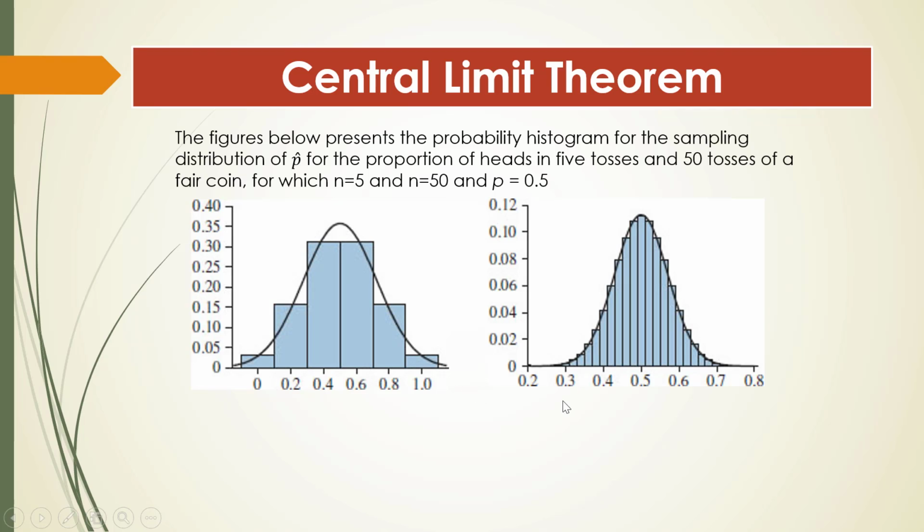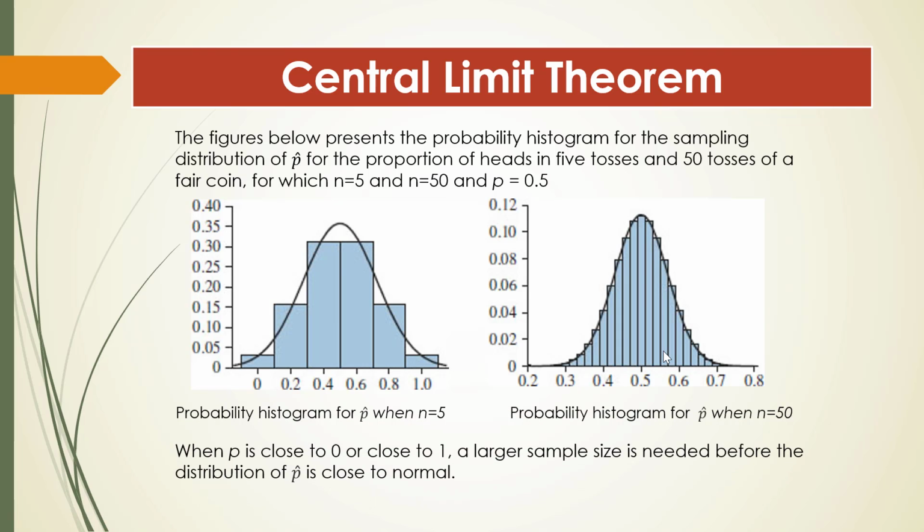However, if we increase the sample size, it's still approximately normal. So here we have a remark: when p is close to 0 or close to 1, a larger sample size is needed before the distribution of p hat is close to normal.